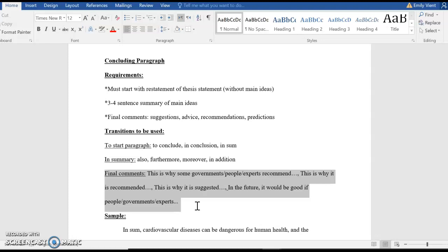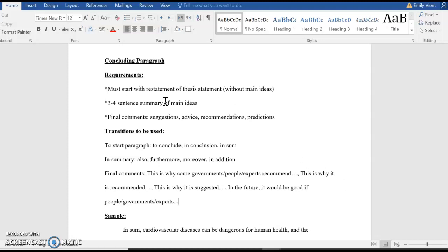Just like I suggested with your body paragraphs, I would suggest that you sit down today or tomorrow for 30 minutes and free write a first draft of your conclusion. Save it, go to sleep, wake up tomorrow, open it, and read it out loud to yourself.